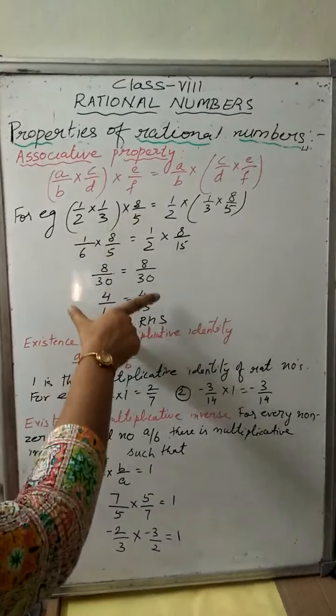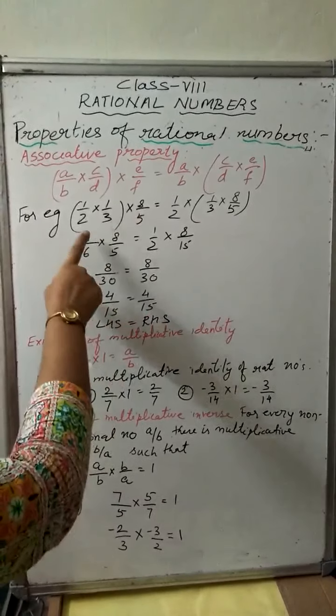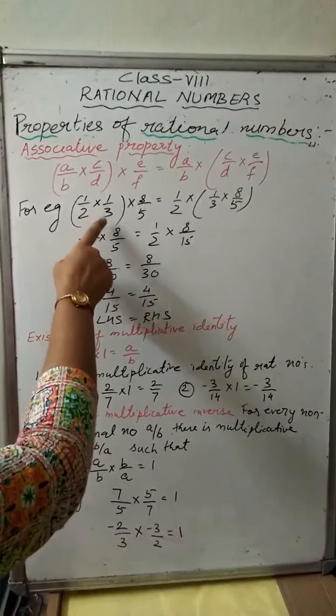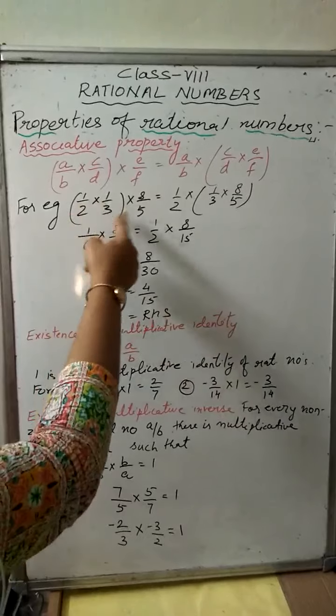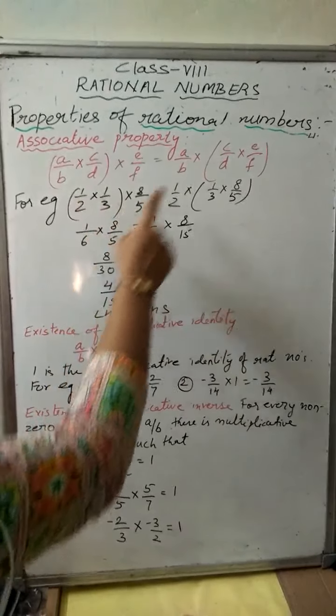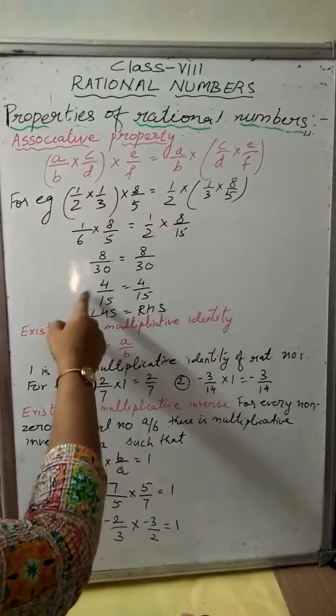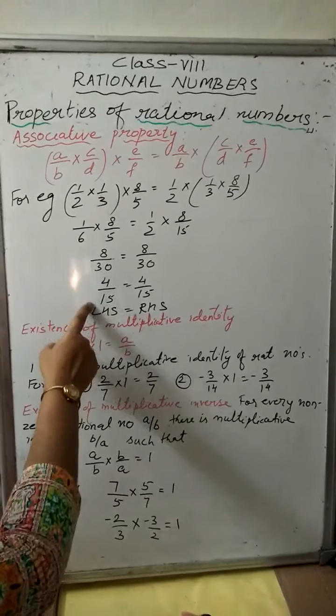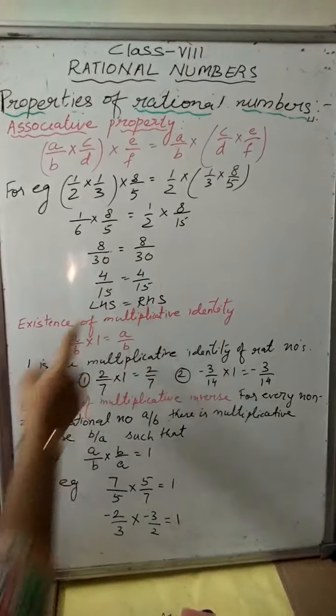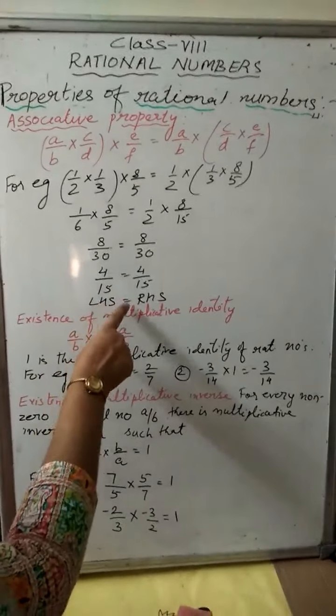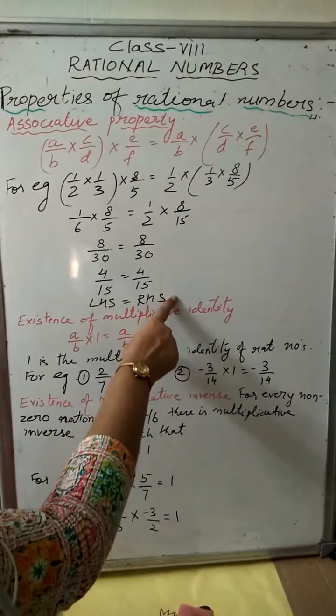I have solved it simultaneously. You can see first you have to solve the bracket and then multiply with 8 by 5. Here also you have to solve the bracket first. Then the result is 4 by 15 in both cases. So here we can see LHS is equal to RHS.